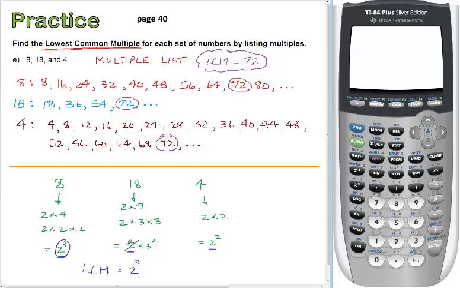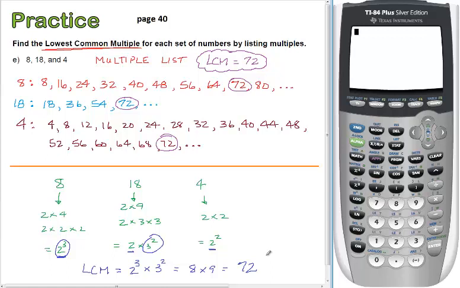I don't need this one or this one. I take the highest power. Next, multiply by the other factor. In this case it's 3, and there's only one power of that, which is 2. So this is 2 cubed, which is 8, times 3 squared, which is 9, and 9 times 8 is 72. So that's another way to do it.